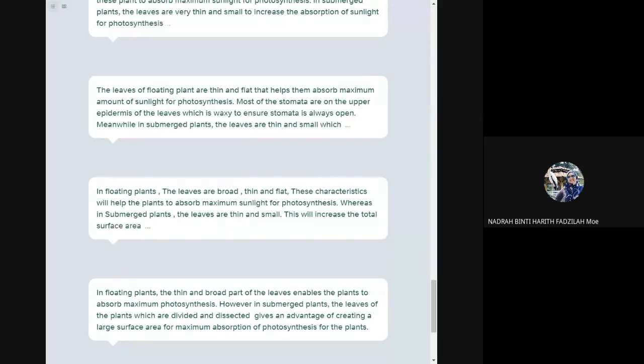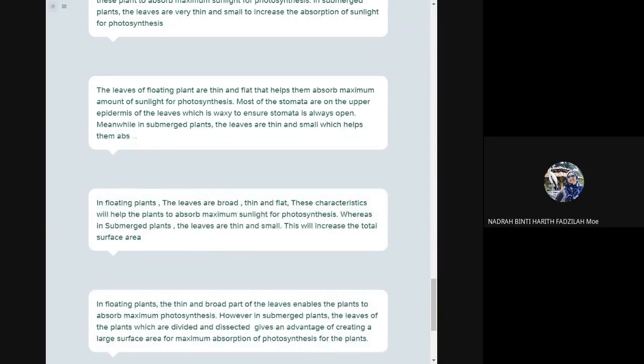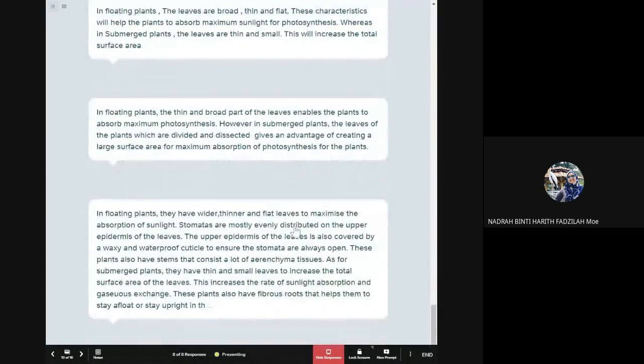So ada dua point yang kita boleh recycle daripada sebelum ni untuk submerged plants. Nombor satu, we can totally reuse the point thin and small leaf, increase total surface area for absorption of sunlight. Number two, small and hollow stem to help plants float upright in the water to increase absorption of sunlight. Dua-dua tu point yang kita boleh recycle.